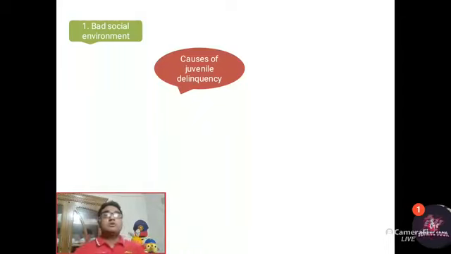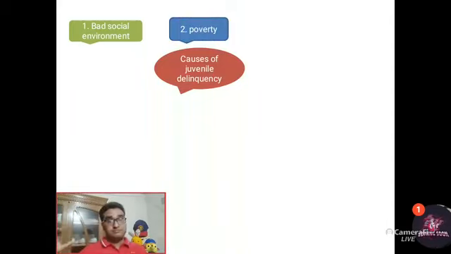So due to the bad social environment, a child can be derailed, and this is one of the causes of juvenile delinquency. Number two, poverty. Like child labor, poverty is one of the causes of juvenile delinquency. Due to poverty, many children can participate in many antisocial activities of our society.